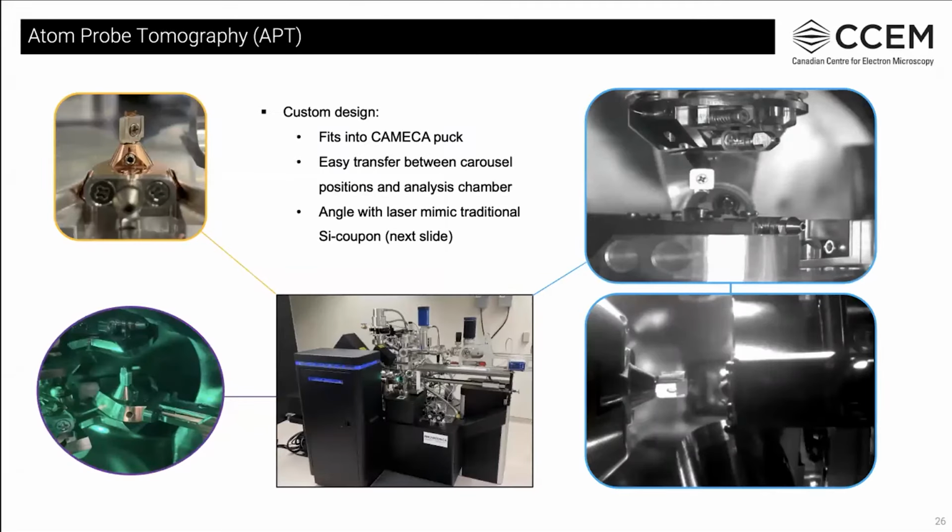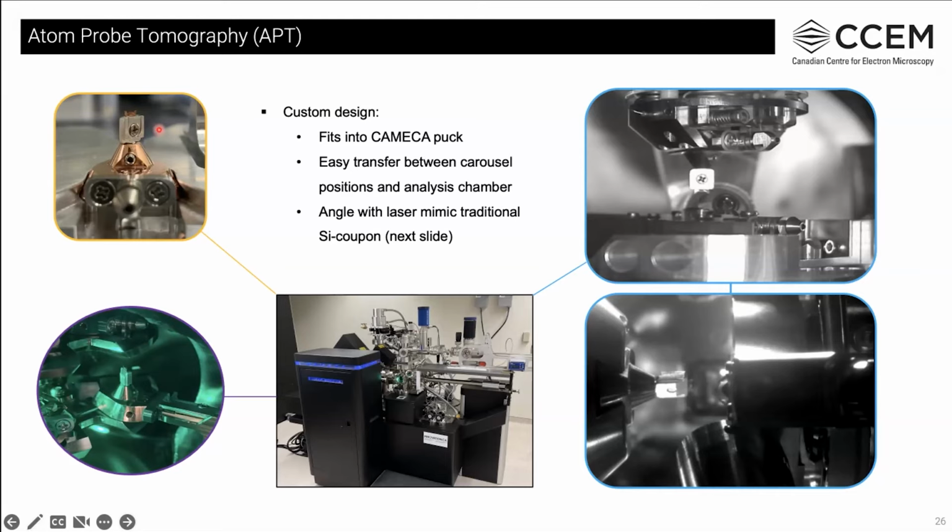For the LEAP, we want a holder that is going to be just as easy to load and align as a traditional coupon and clip. Here, we can see the correlative holder and grid fits directly into what we call a puck that then gets placed into the LEAP.